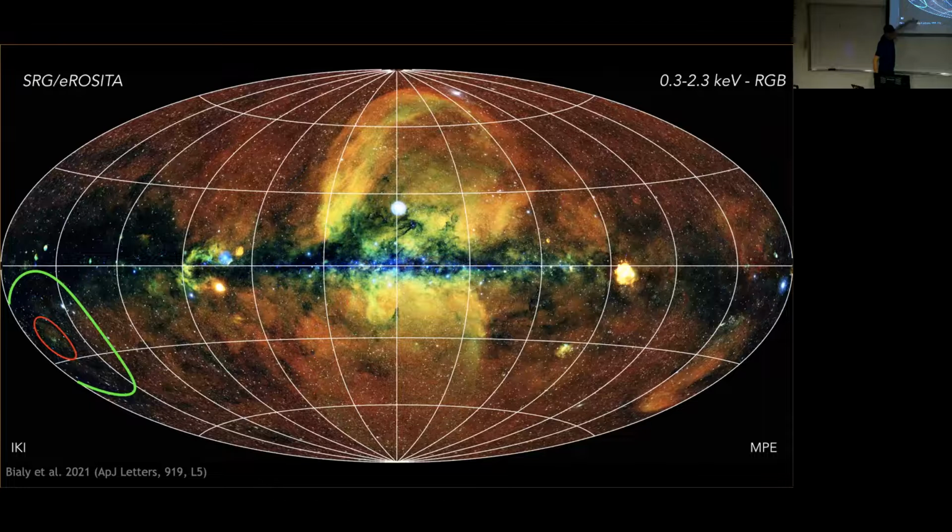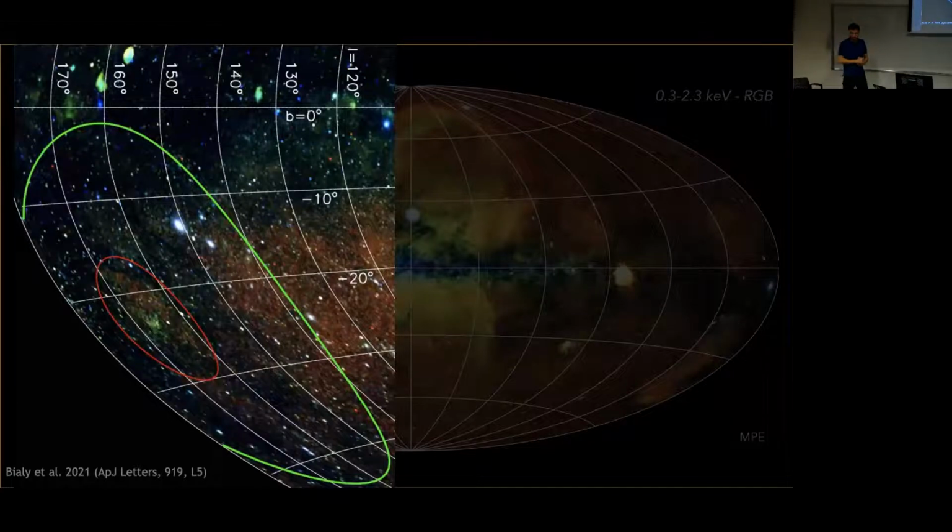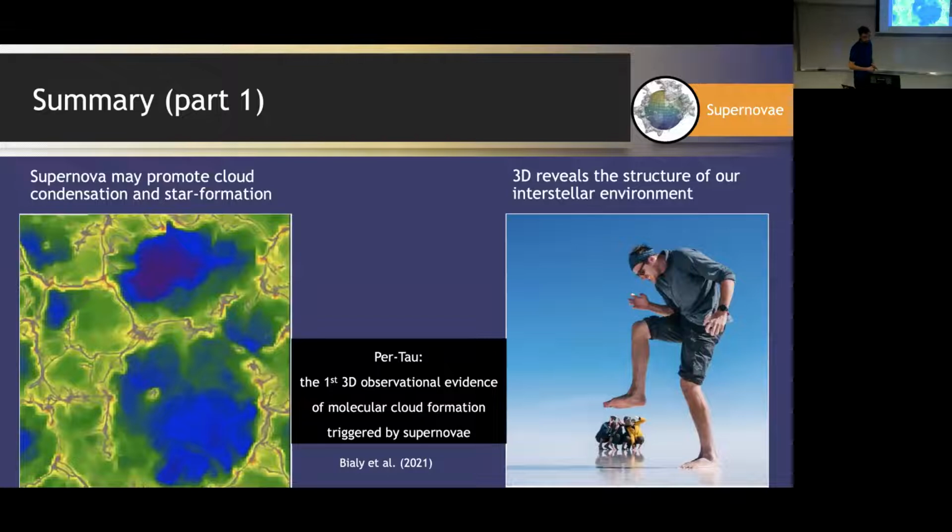And here the red circles just show the region of enhanced X-ray activity, which suggests hot gas produced by an ancient supernova. But the real smoking gun would be if we observe a cluster of stars that belongs to this at the right age, and this is something we're working on now.